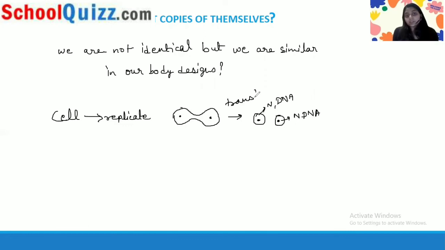This information is similar from one cell to another. But sometimes this information has some variations, some minor changes.